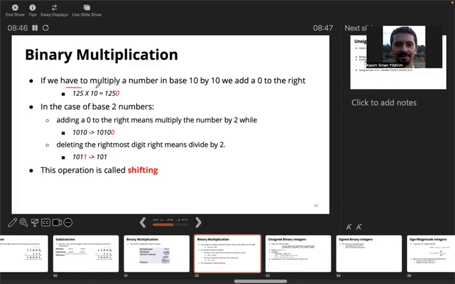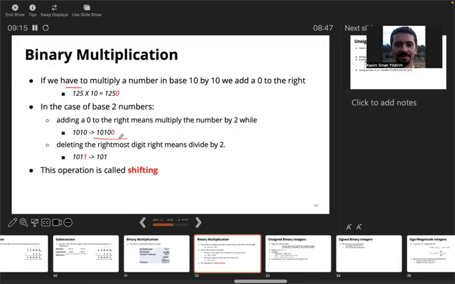Like 1010, what is that number in decimal? 1010 is 10, right? So if you shift that number to the left and add a 0, 10100, what does it correspond to? Now, if you convert that number back, what is that number?